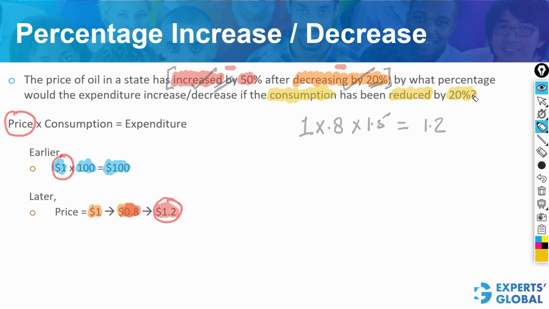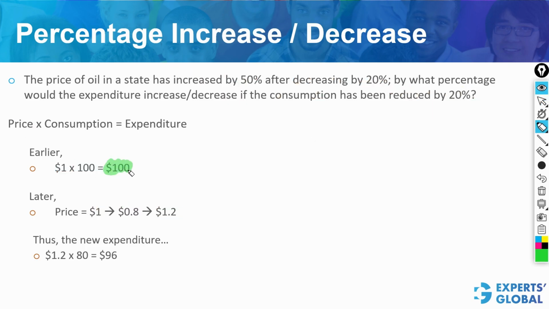So consumption, which was 100 units, must now be 80 units. See, the new price is 1.2, the new consumption is 80. Therefore, the new expenditure is 1.2 times 80, which is $96. We see $100 has become $96. Therefore, the answer is a 4% decrease.